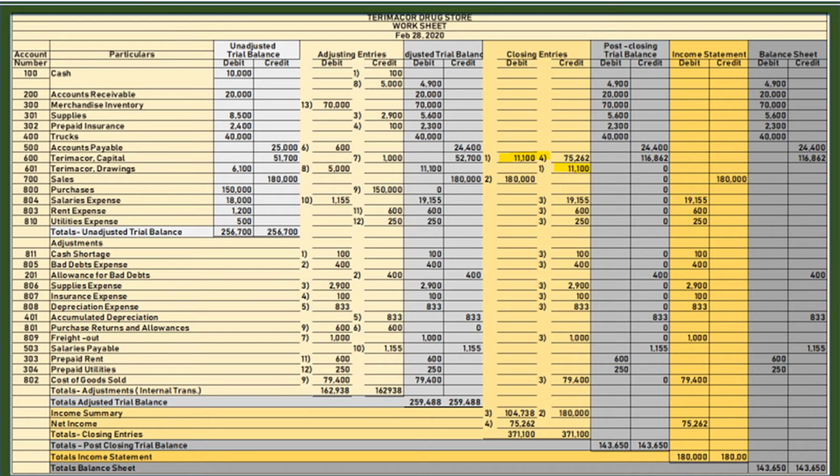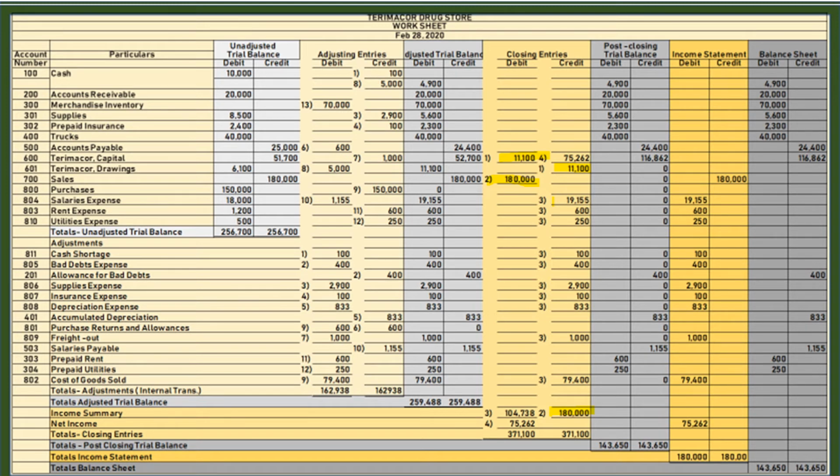We have the, what is this? Sales. We debit the sales and credit the income summary account.